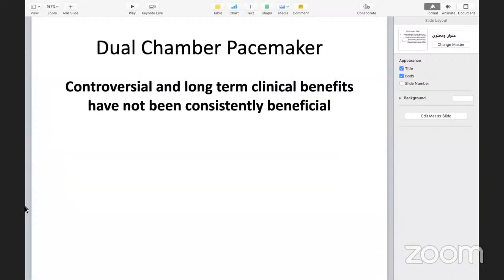For the dual chamber pacemaker, it's controversial, and the long-term clinical benefits have not been consistently beneficial. They mentioned that if you pace the RV, it will relieve their symptoms and the gradient and so on, but it's controversial.